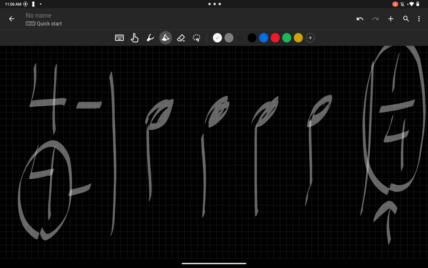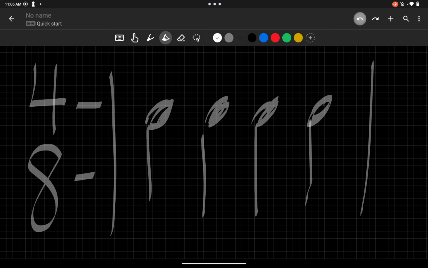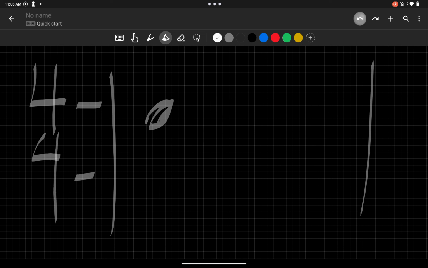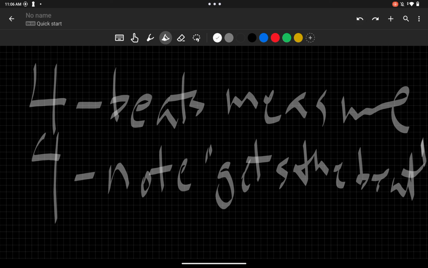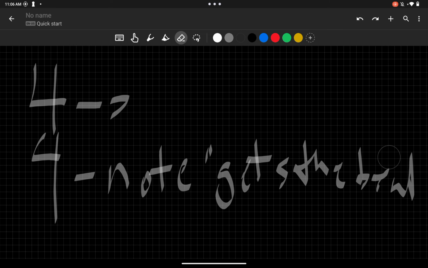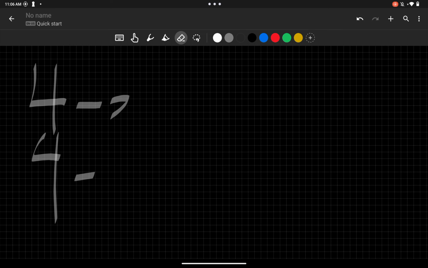And if it was actually a 2 on the bottom, then you would see that the half note would get the beat. What would that look like? If we had a time signature here, let me get rid of all this stuff. We'll use that eraser there, that's easier to use.